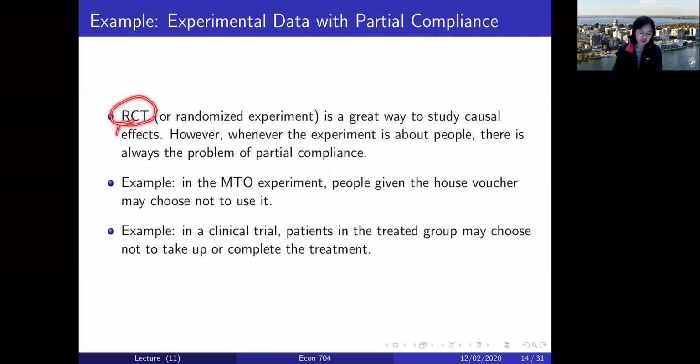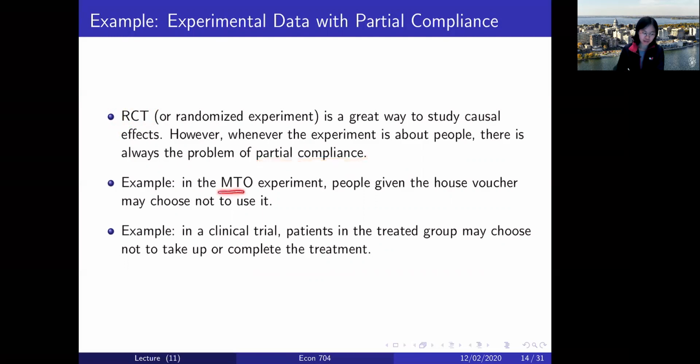A randomized control trial in a clinical study works very well when the treatment can be perfectly monitored. However, whenever you run an RCT in a social or economic setting, you run into the problem of partial compliance.